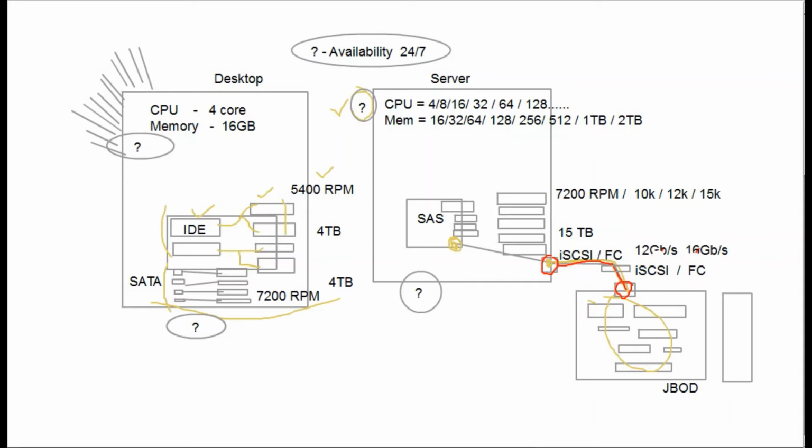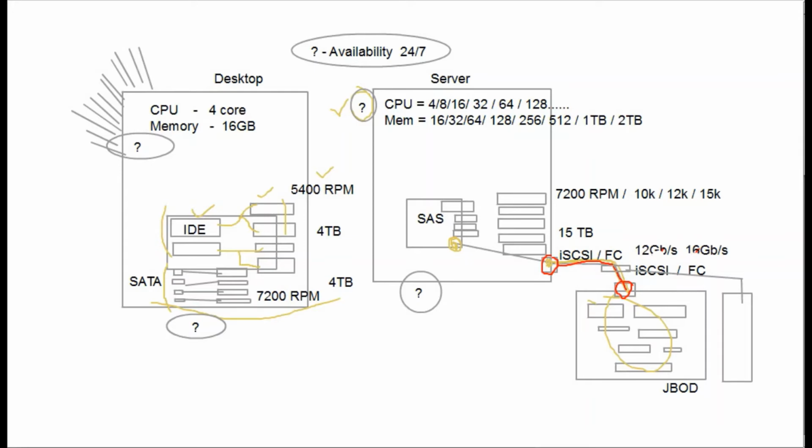So I can have 50 hard disks, 100 hard disks also. Let me consider an example: I got 50 terabytes of data, so obviously 50 terabytes of storage is required. So I bought multiple boxes and placed the data in all.